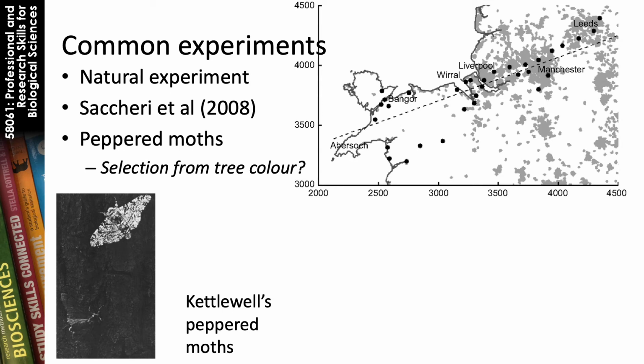And then when you went into rural areas, the reverse happened, because the trees are covered in lichen, and the white form is more protected by being camouflaged against the lichen, and the black form suffers a lot of predation.